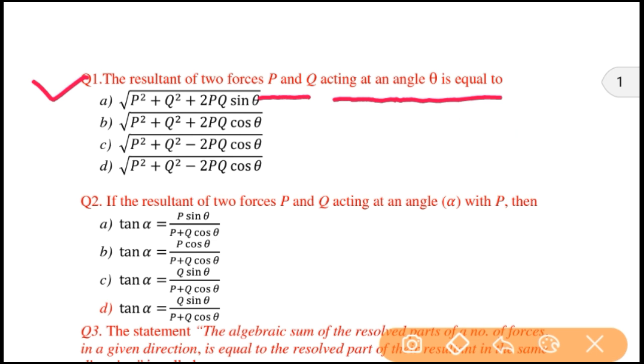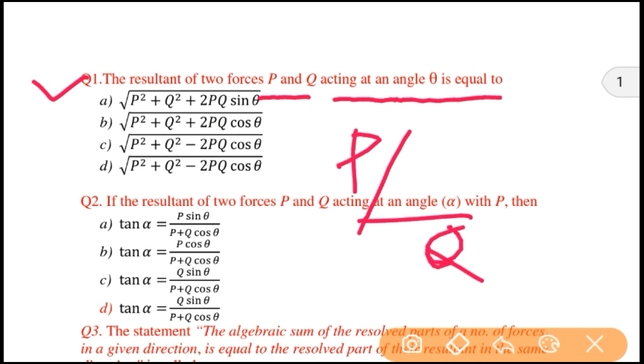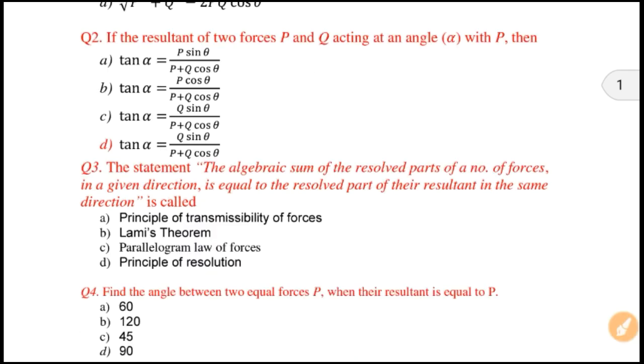As per the parallelogram law, if we have two forces P and Q, the resultant will be the root of P square plus Q square plus 2PQ cos theta. That is option B, the correct answer.